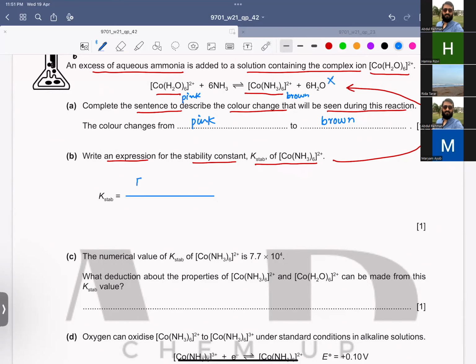So as a product we would have [Cu(NH3)6]2+ in square brackets for the molar concentration, divided by [Cu(H2O)6]2+ times the concentration of ammonia raised to the power 6. Is this clear to everyone?